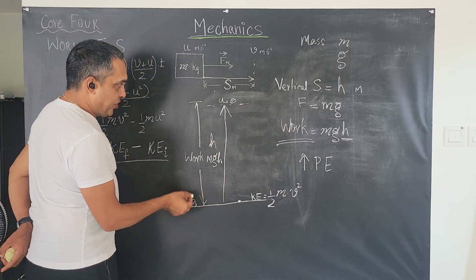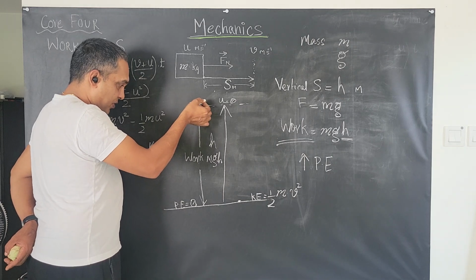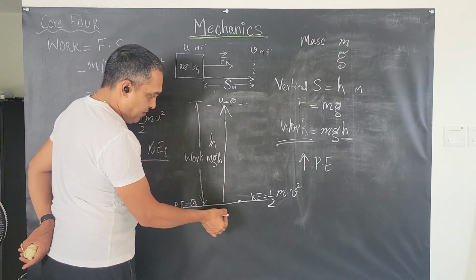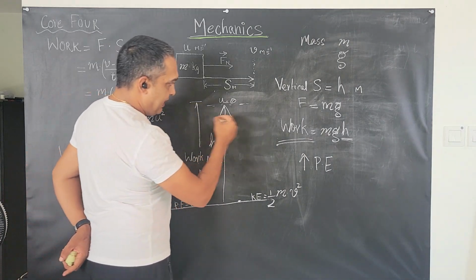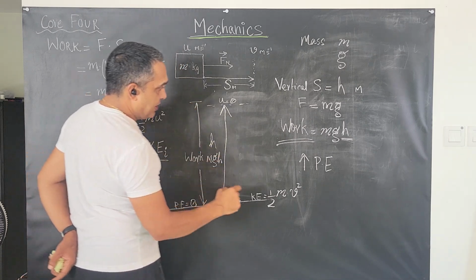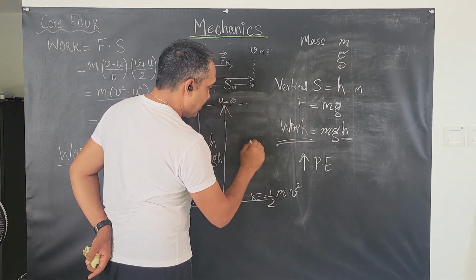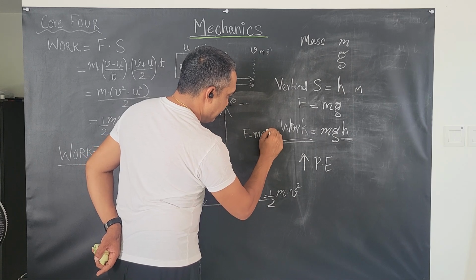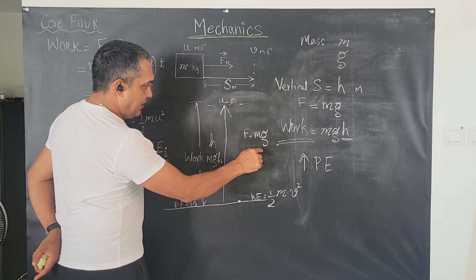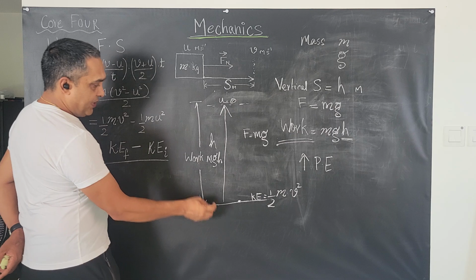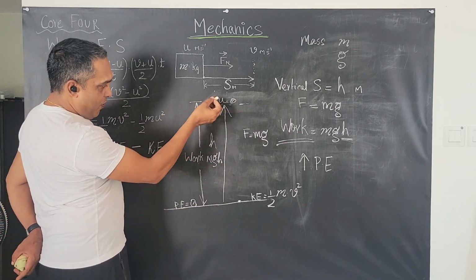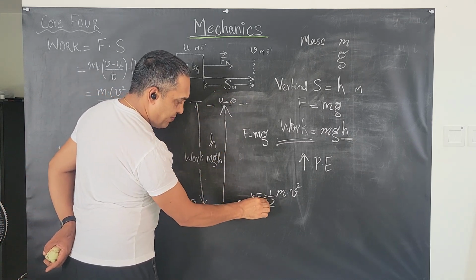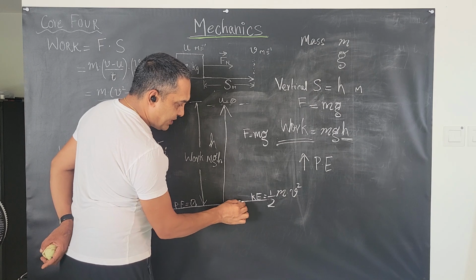So potential energy went up. When it was dropped, gravity brought it down. The force of gravity that acted on it was constant, because acceleration due to gravity is constant. The force is mg. The same force resulted in kinetic energy being at its maximum here.